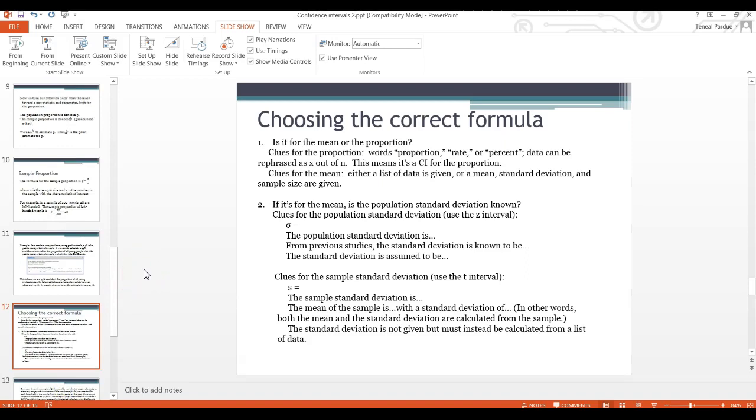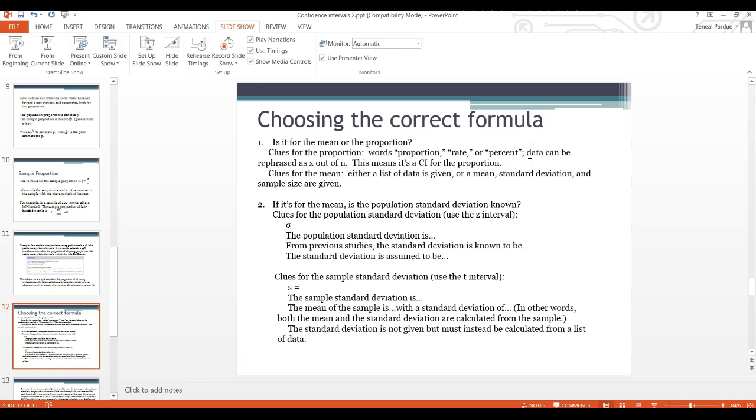One question that comes up, and this is an important question, is how do you know when you read a problem which of the 3 formulas to use? Well, here's how you know. The first thing you ask is, is it for the mean or the proportion? If it's for the proportion, you're going to see words like proportion, rate, percent.